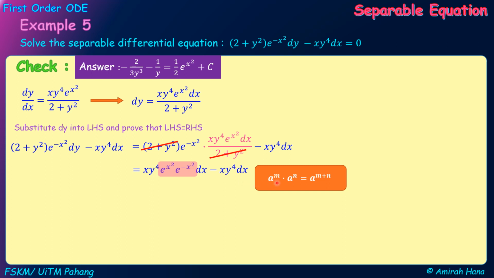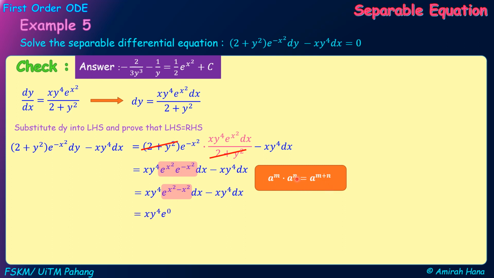From the properties of indices, if we have indices with the same base and the operation is multiplication, we can add the exponents. So we can write x y to the power of 4, with base e, and then x squared plus, plus and minus here gives minus, x squared, and then dx minus x y to the power of 4 dx. So we get this using this formula.